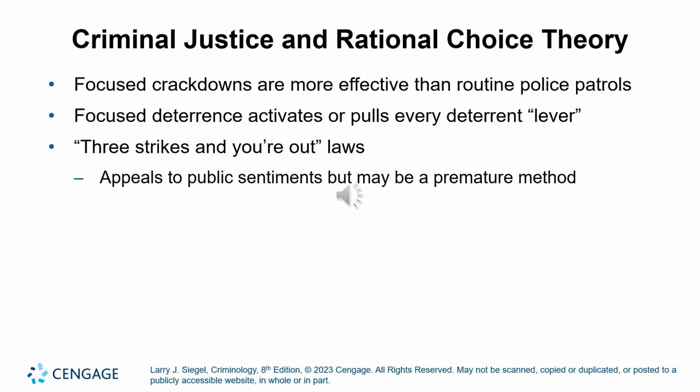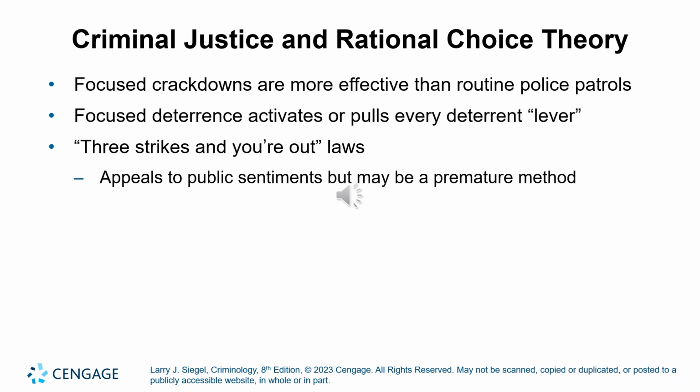Then next we have focused deterrence, which involves pulling every possible deterrent lever. This means combining enforcement, community pressure, social services, and clear community communication to encourage offenders to stop their behavior. It's a coordinated approach aimed at increasing both the risk and the consequences of crime.